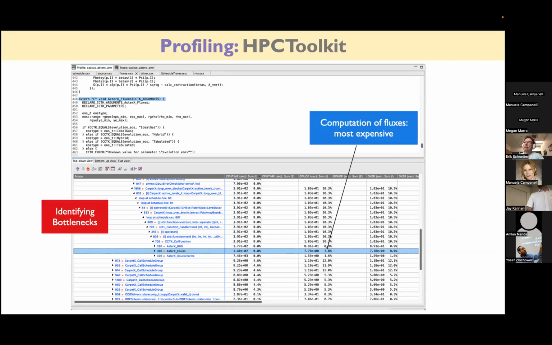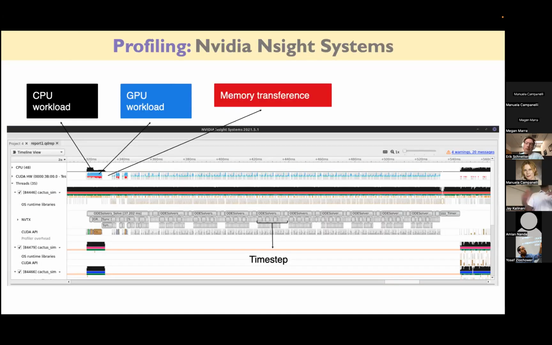When you're running inside the GPU kernels, running the for loops, you want to minimize this memory transfer as much as possible. So this is a good sign that things are working fine when you're actually doing these iterations, evolving your time steps.